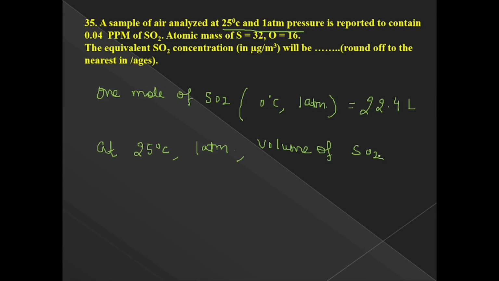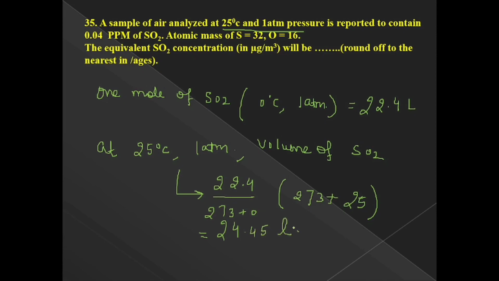Volume of sulfur dioxide we have to calculate, that is 22.4 divided by 273 Kelvin into 273 plus 25 degree. So the value is finally 24.45 liters.